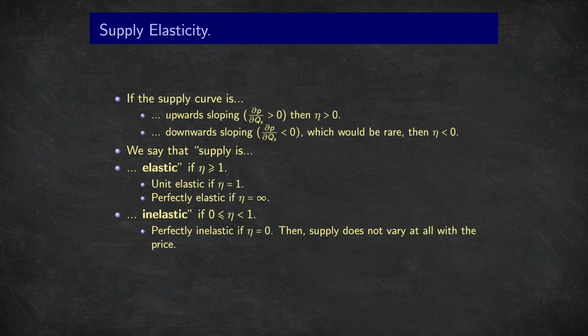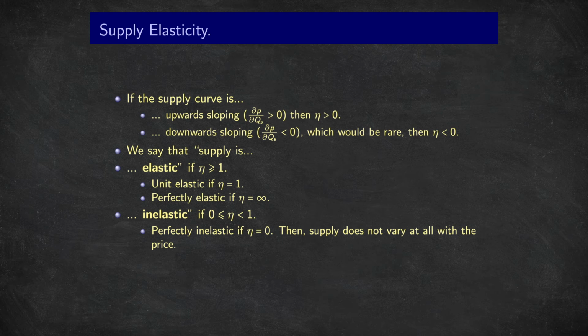We will say that supply is elastic if this eta is greater than or equal to 1. This means that if the price of a good increases by a certain percent, then the firms respond by increasing their supply by an even greater percent. Unit elastic is the special case where eta equals 1, and perfectly elastic is the case where eta equals infinity.